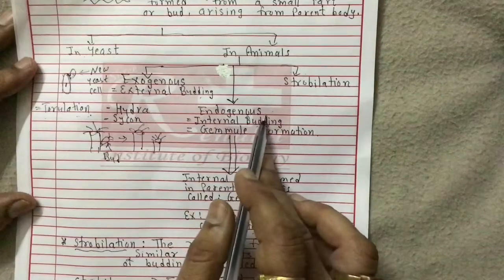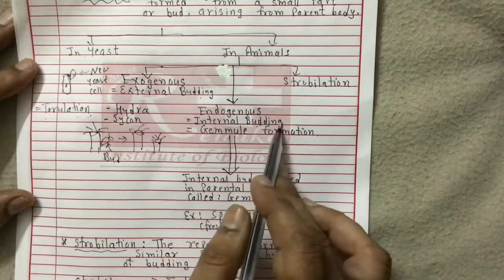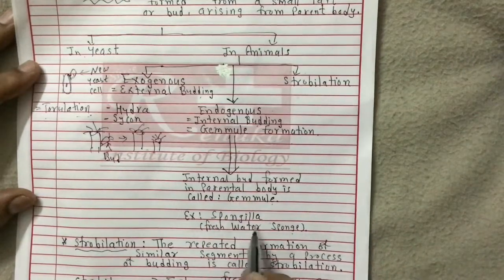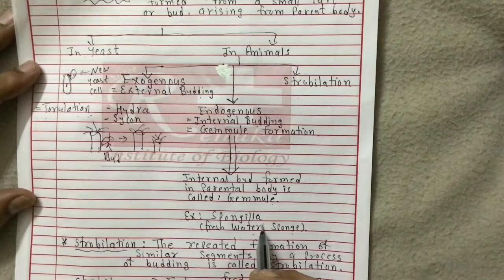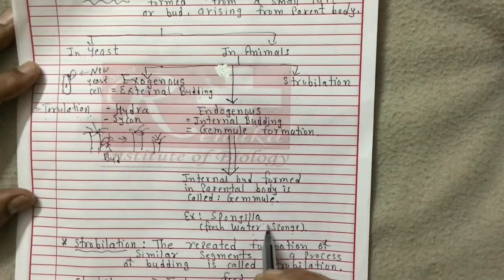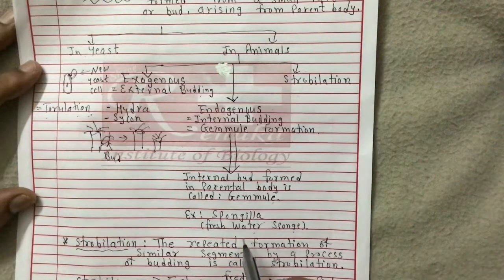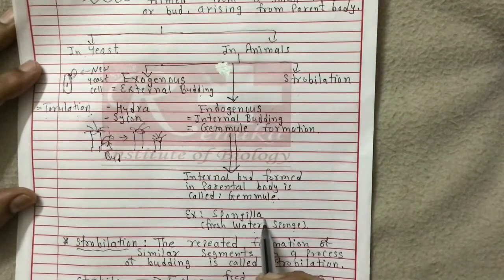Endogenous bud is also called internal budding or gemmule formation. In the case of spongilla like porifera organisms, the body cavity called the spongocoel has some clusters of cells called archaeocytes. This cluster of cells or archaeocytes collectively constitutes the structure called gemmule.